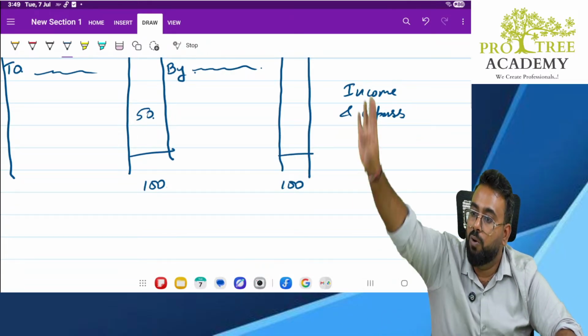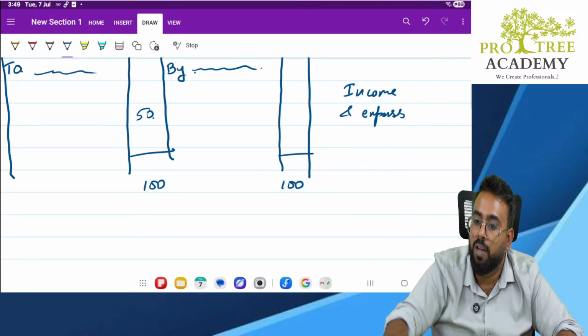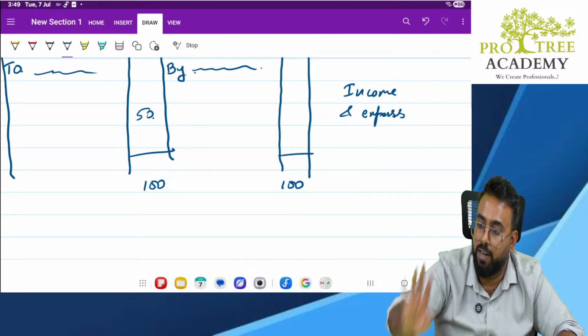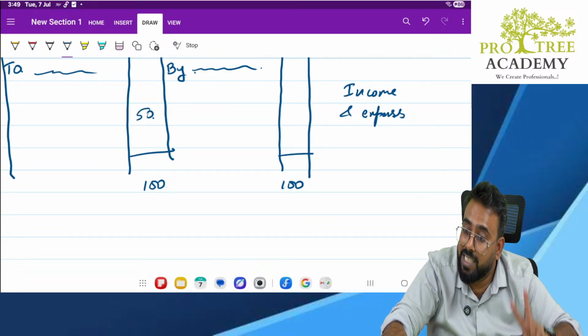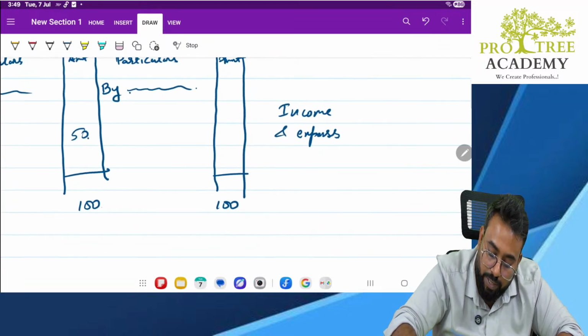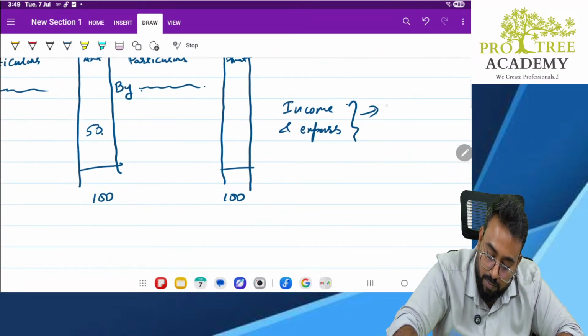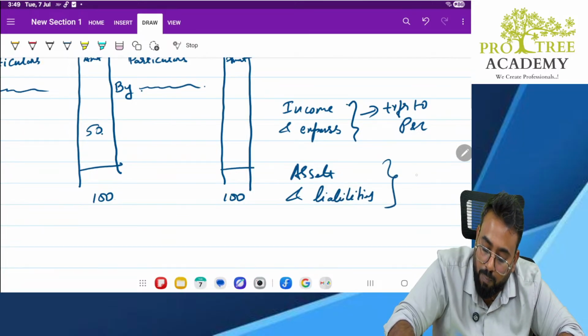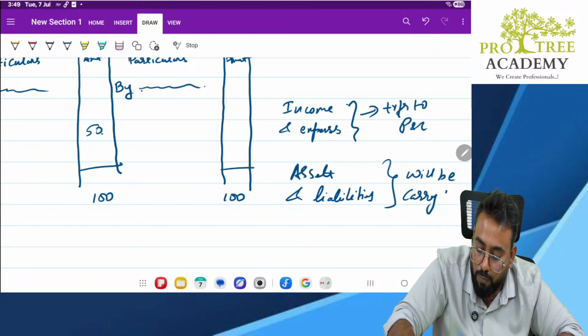So all the income will go to P&L, all the expense will go to P&L. So whatever balancing figure you get, it will be transferred to P&L. But your assets and your liability, what? So your income and expenses will be transferred to P&L. Your assets and liabilities will be carry forwarded.